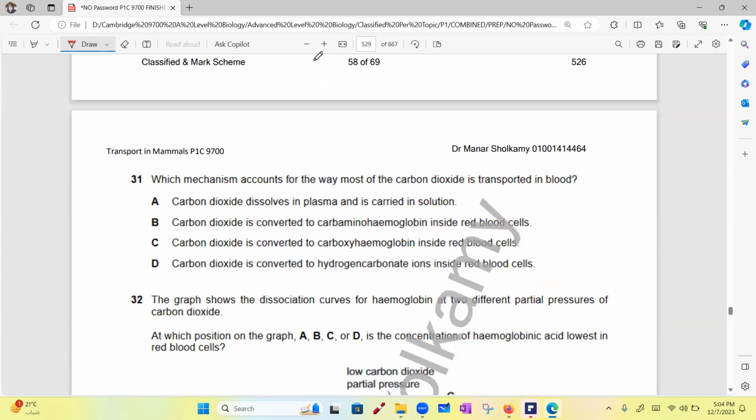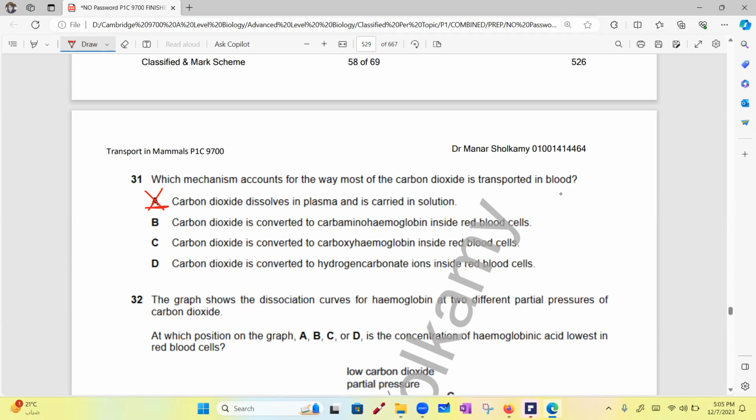Any questions? Farouk, which mechanism accounts for the way most of the carbon dioxide is transported? A, carbon dioxide dissolves in plasma and is carried in solution. Does most of the carbon dioxide travel like this? No. B, carbon dioxide is converted to carbaminohemoglobin inside red blood cells. This is not wrong, but is most of the CO2 carried this way?